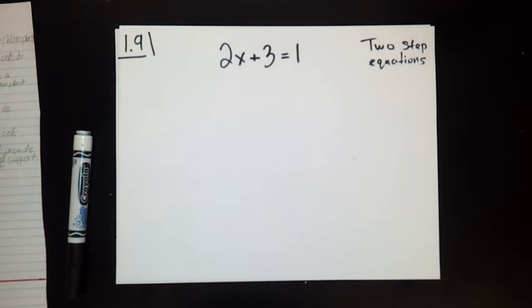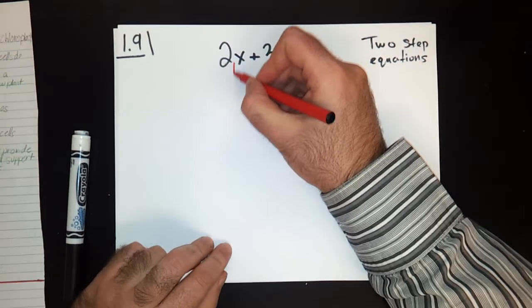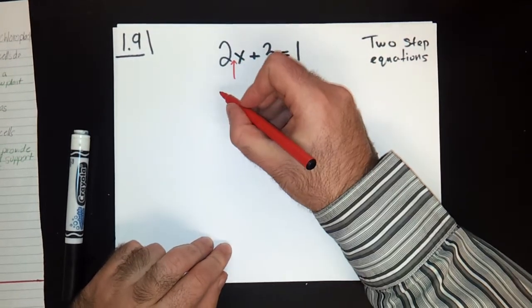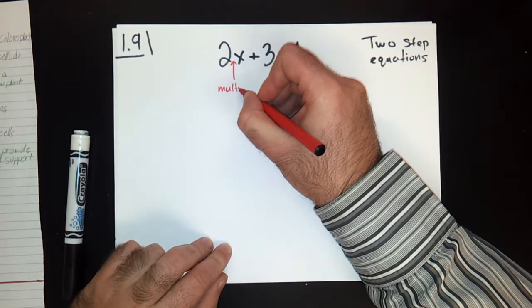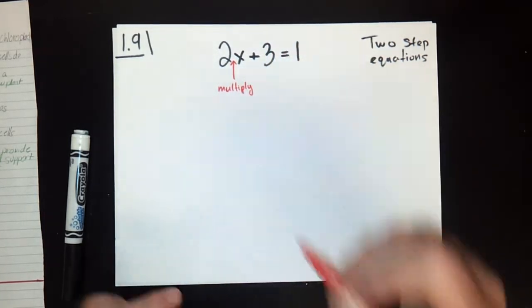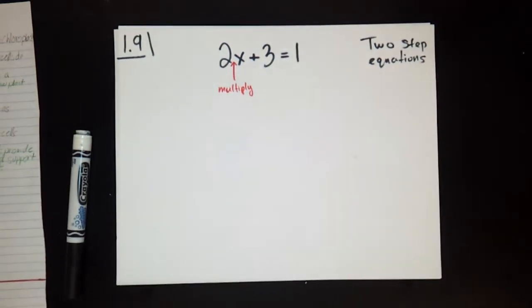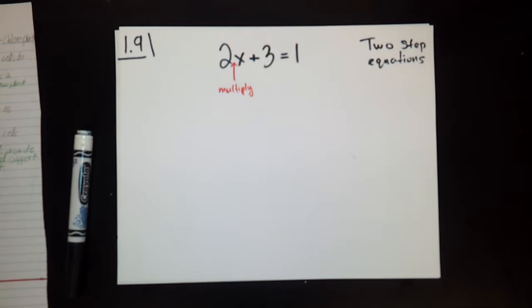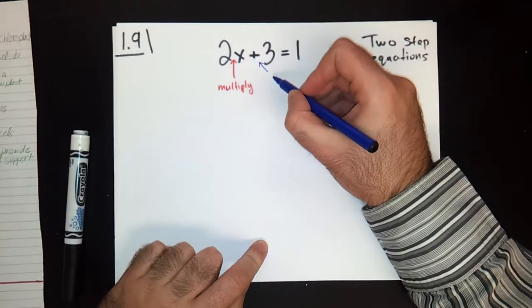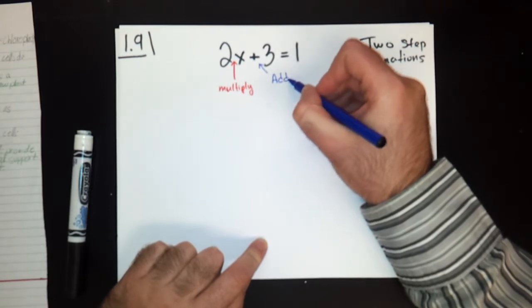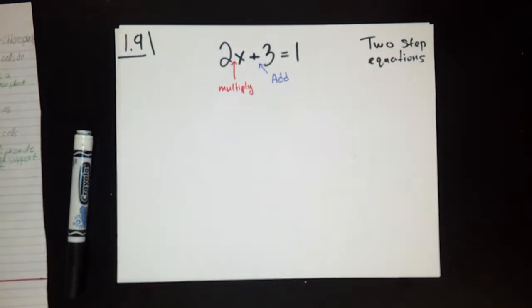For example, within this problem, the first operation is right here. It's multiplication. So we're multiplying the 2 and the x. The second operation is right over here. And this is addition. We're adding the 3 onto 2x. So prior to this point, you would have one or the other.